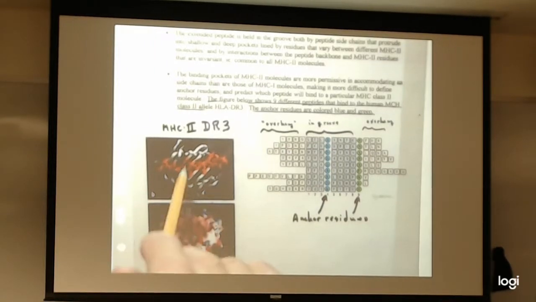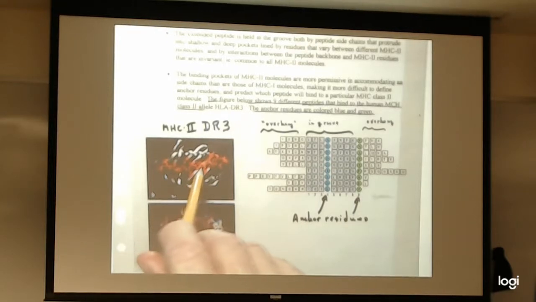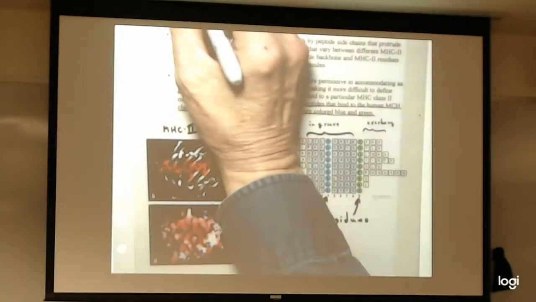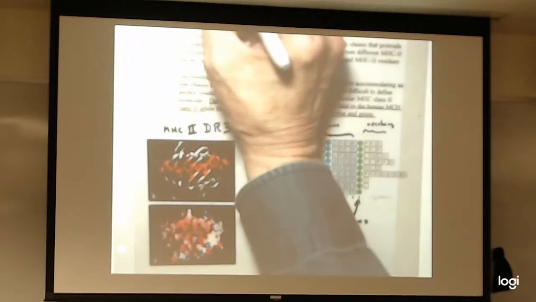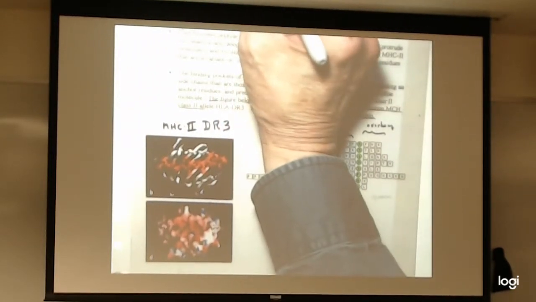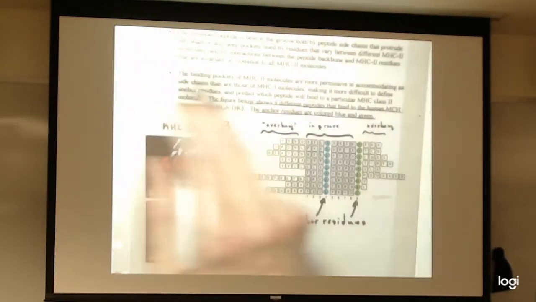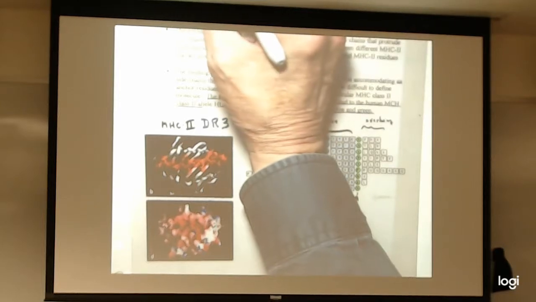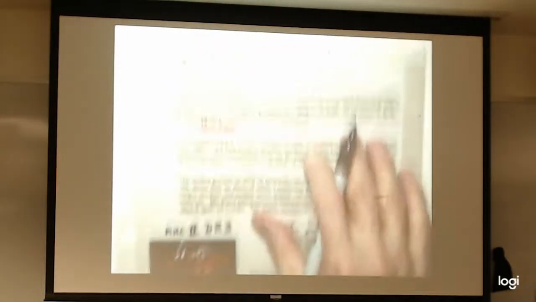Remember, the class 2 molecules are called DP, DQ, and DR. So this is now DR. The class 2 are DP, DQ, and DR. That's the names. Not A, B, and C, but DP, DQ, and DR.